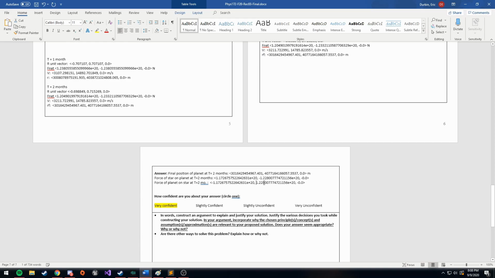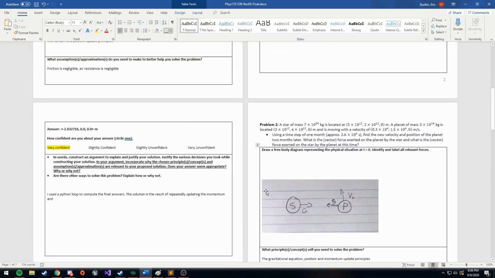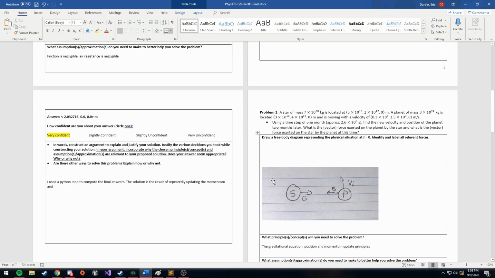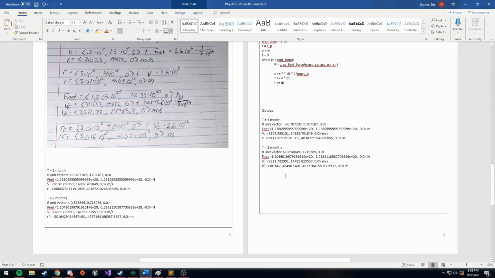Oh, I see. Yeah, because it wants both. Should we also put our velocity in there? Velocity and position and momentum, or just the force of gravity? The velocity at month 2. If we were to put velocity at month 2, we would need to recalculate it.